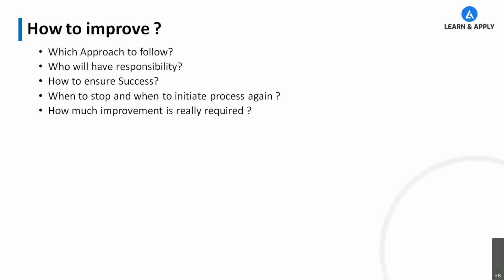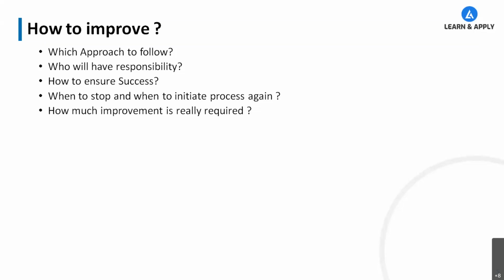If we are taking some project, how do we ensure its success? Whenever we start, when do we stop it and when do we initiate it again? And how much improvement is really required? How much improvement is really an improvement? These are some of the questions that traditionally we have been facing for any improvement activity.